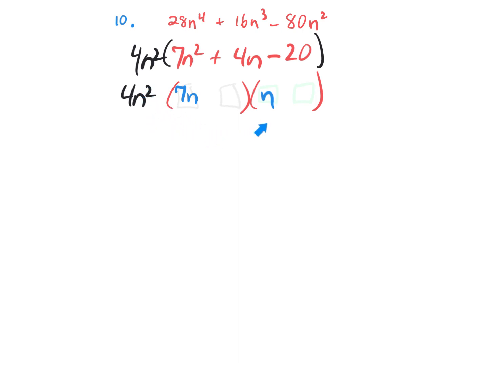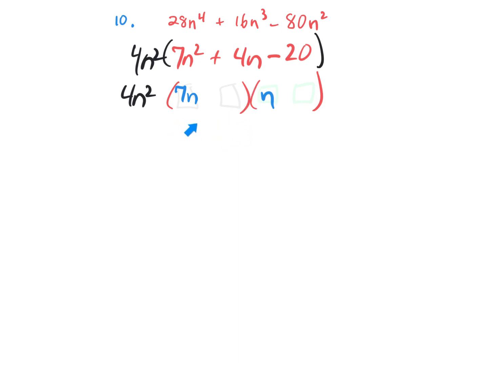Now, for these boxes, which are the last term and the last term, when you multiply them, we'll get the last term. The thing is, there's a lot of ways we can multiply last times last and get last. Negative 2 times 10, positive 2 times negative 10, positive 4 times minus 5 is a negative 20, a negative 4 times a positive 5 is negative 20.